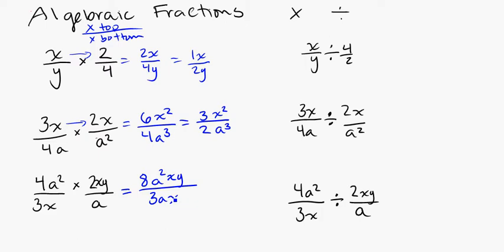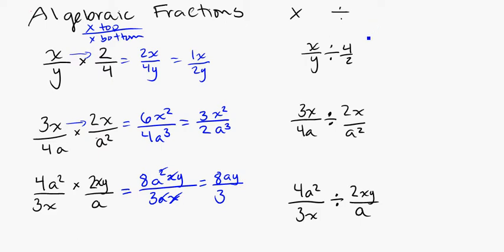Well, the 8 and the 3 can't go any further, but if you notice here, a to the power of 2 divided by a will simplify to a, and x over x will also simplify. So we get 8 over 3ay, because the other terms have simplified and reduced away.